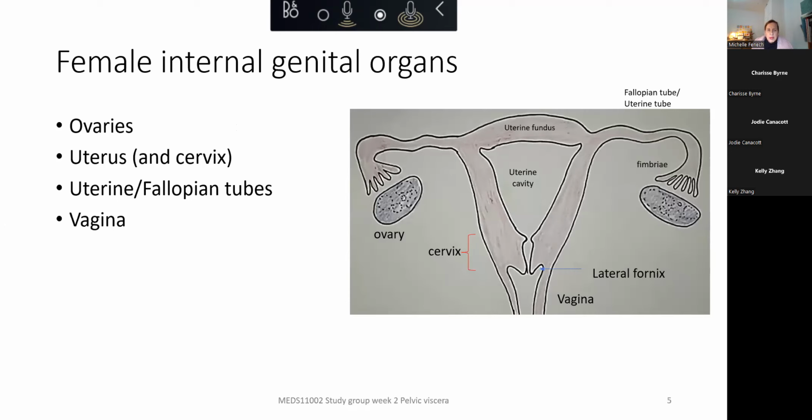So when we're talking about the female organs, as I said, we're talking about ovaries, uterus, and these tubes, the fallopian tubes, which on the diagram look really big, but in reality they're really, really small. This is just a drawing of the uterus, the fallopian tubes, the ovaries, the cervix and the vagina, so you can see where things sit relative to one another.